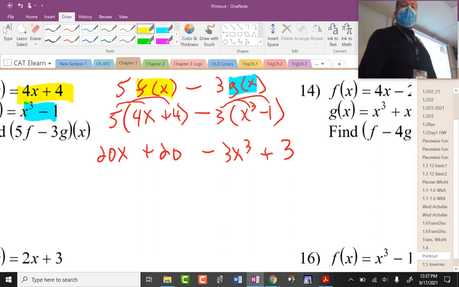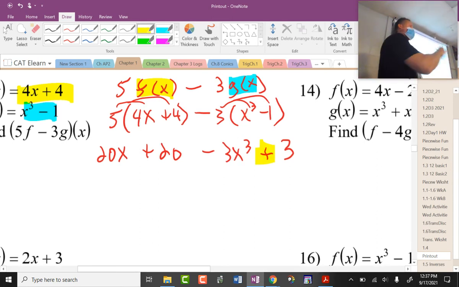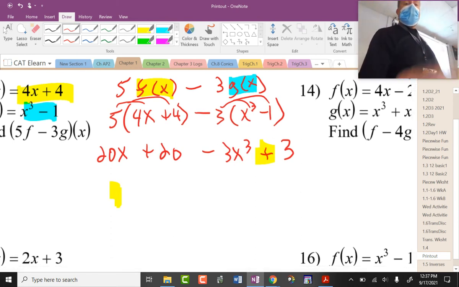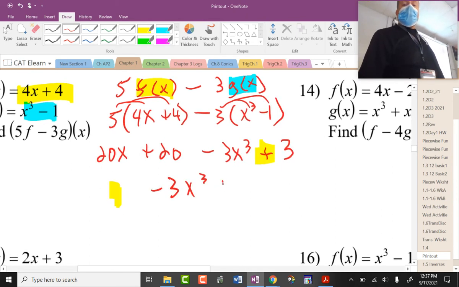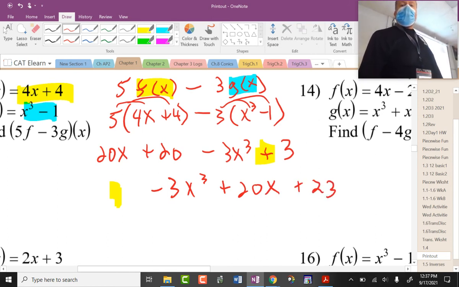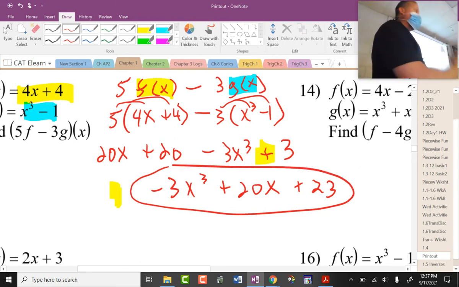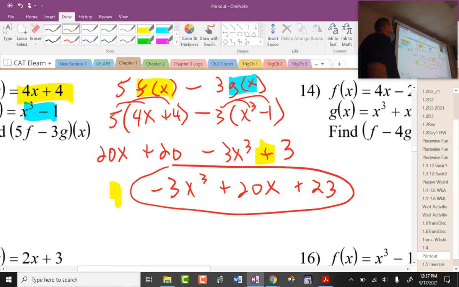Maybe really highlighting that. Don't make that mistake of not distributing a negative. That was a double negative for English people. And then the final answer should be in descending order. Oh, and we had to add like terms anyway. 20 plus 3 is 23. So it ain't no thing, chicken wings, what you have to do on that.